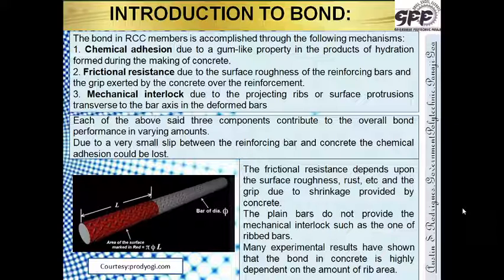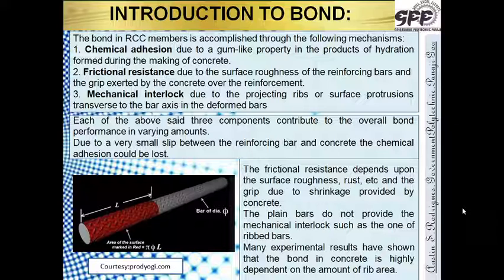Now this binder, this gum-like property in the concrete which is due to cement, is formed during the hydration. This creates the adhesion between the reinforcing bar and the concrete. Now this creates bond. This is one of the mechanisms through which bond acts.